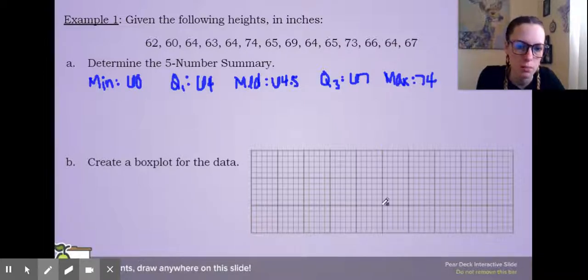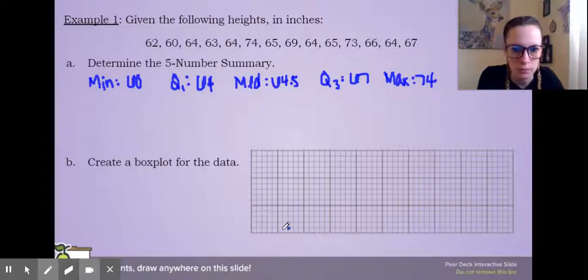So creating my box plot, again, we'll scale and label one axis. This graph that you see here is a portion of what we call IB graph paper, where they always look the same, which is nice. Within this bolded square, you'll have a 5x5 square of the smaller, fainter squares.